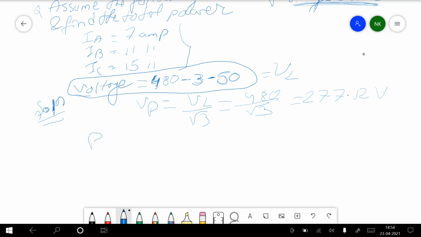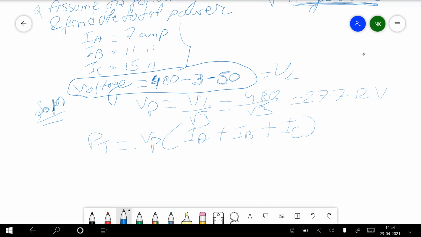Now, what we have to find is P total. In P total, your VP is given, and your IA, IB and IC are given. So you can directly put these in and get the answer.